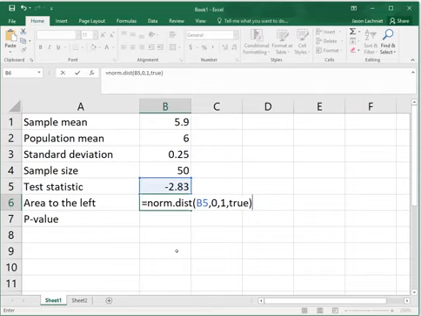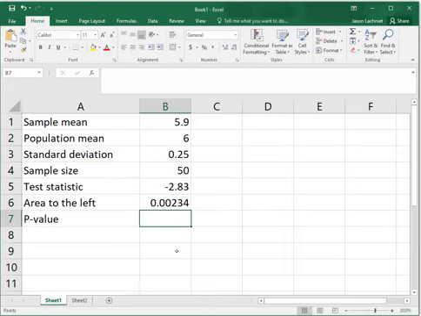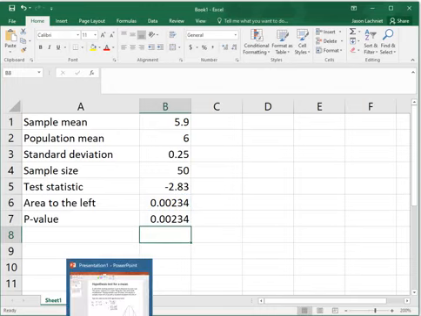And I can do that anytime I'm taking a z-score test statistic and trying to calculate that corresponding percentile. And I get 0.00234. Now because this is a left-tailed test, that number right there, 0.00234, that really is my p-value. And so those calculations are going to give us everything we need to conclude the problem.